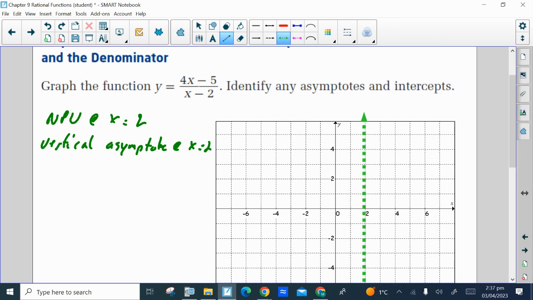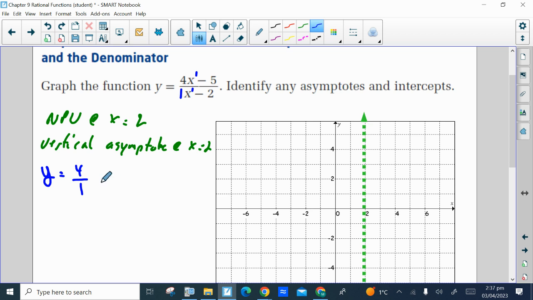Now here's a way you can get that, and this always works. When you have a rational function and the degree of the top and bottom are the same, which in this case they are, it's both x to the power 1 on top and bottom, to get the horizontal asymptote, you simply have to divide the coefficients of those x terms. Again, the degree of top and bottom is the same. In this case, they're both power 1. So when that happens, to get your horizontal asymptote, you divide the coefficients of those terms from the highest power.